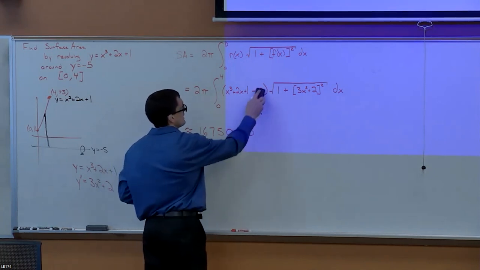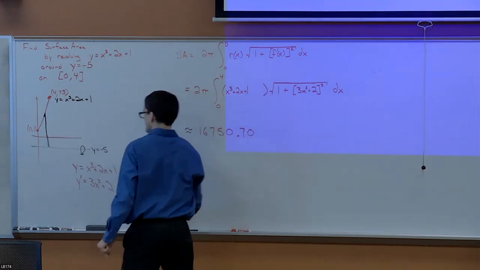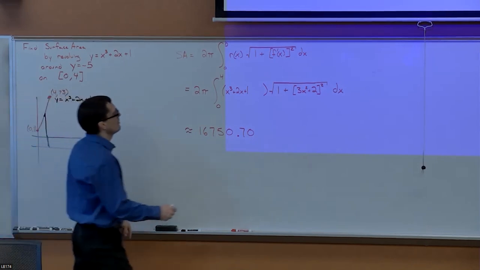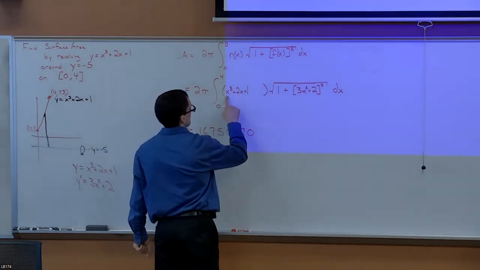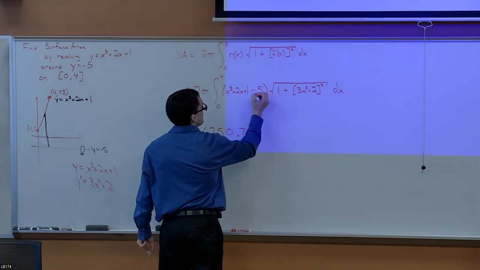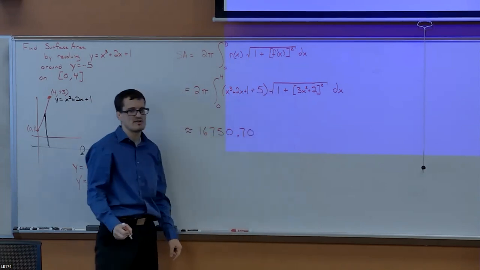And how it changes in this case, my radius starts at this curve, y equals x to the third plus 2x plus 1, and it goes all the way down to y equals -5. So my radius is going to be x to the third plus 2x plus 1 minus a -5. That's like adding 5.